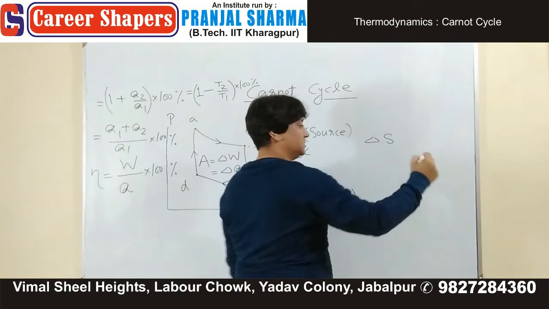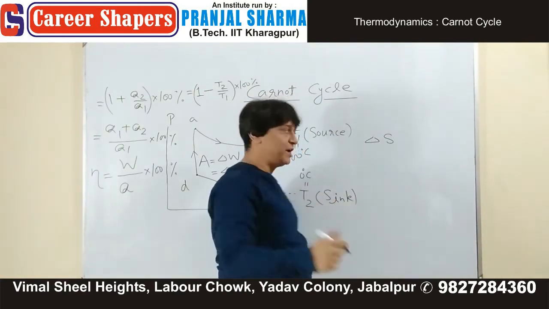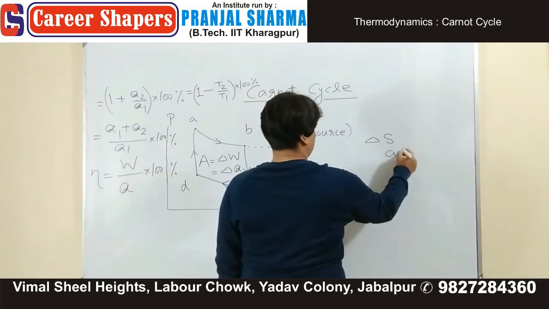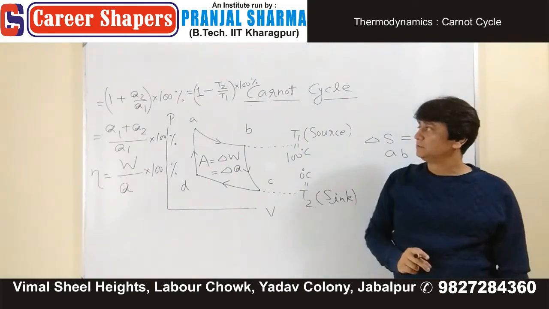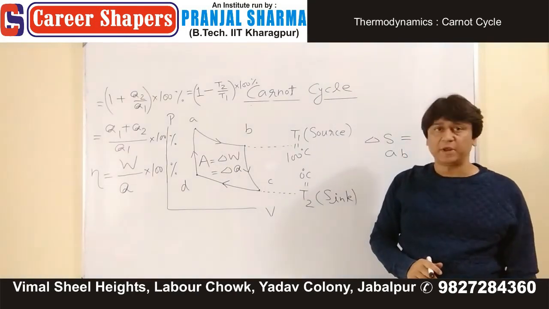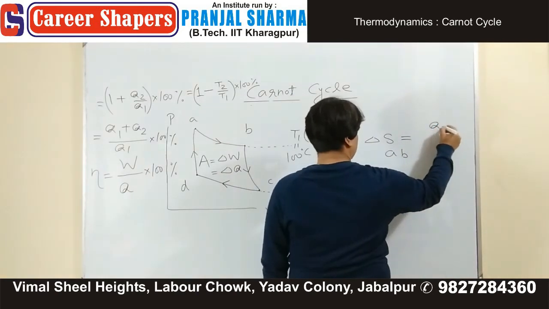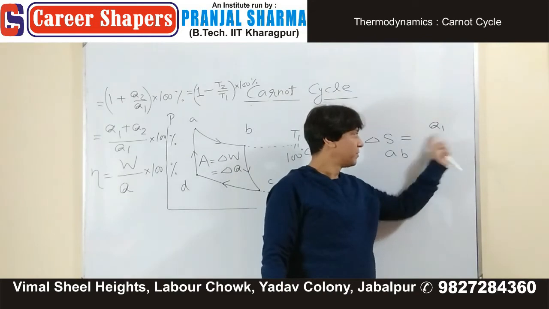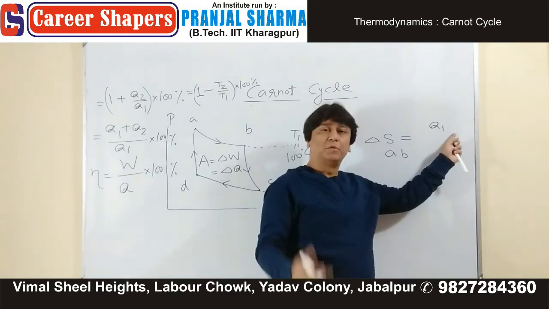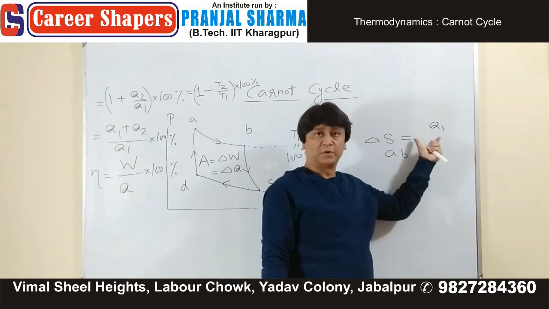Delta S. What is S? Entropy. Delta S, change for A to B. Delta S for A to B is Q1, how much heat did you provide to the system? Q1. This much.